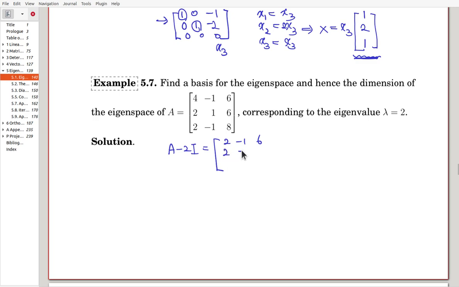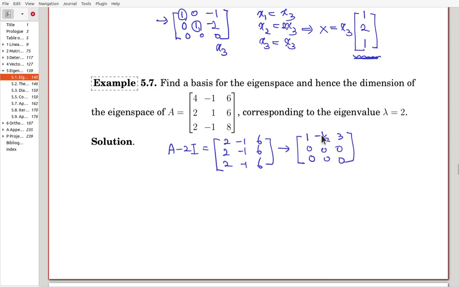Again 2, minus 1, 6, and again 2, minus 1, 6. The three rows are the same. So by replacement, the second row and third row will become 0 rows. After scaling, we have 1, minus 1/2, 3, and then 0, 0, 0, 0, 0, 0.